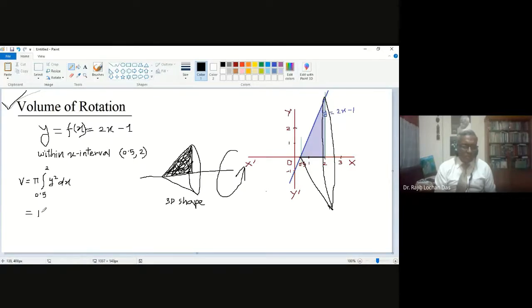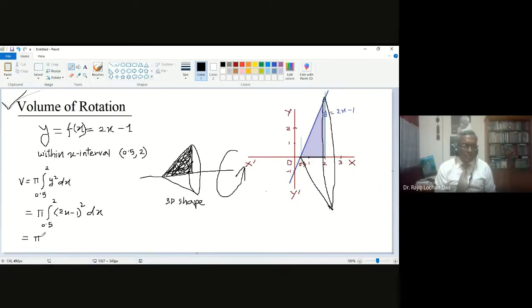So it is just 2x minus 1 whole square. So you put the value of y. So you will write 2x minus 1 whole square dx. And you easily understand what to do.